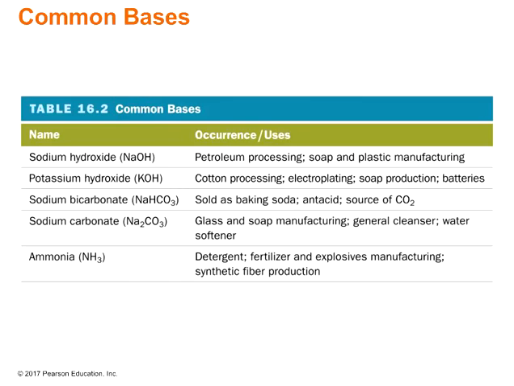Sodium bicarbonate is baking soda, so you can use that in your cooking. You can use it as an antacid. Sodium carbonate, it can be used as just a cleaning product. And then ammonia can be used in detergents, and it can also be used in the manufacturing of fertilizer and explosives. So I would also like you to know these names.